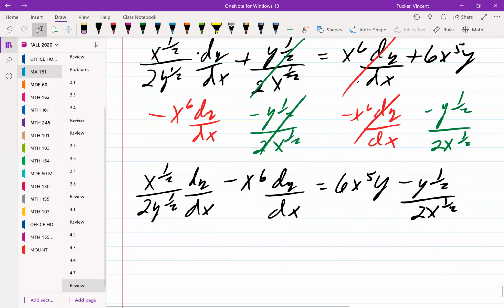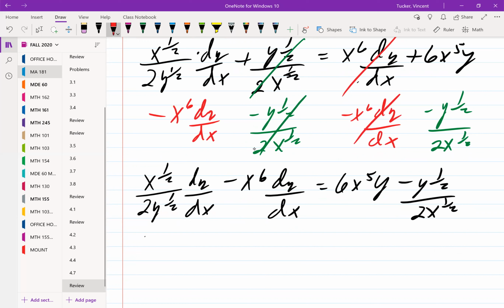So let's just go ahead and, if I take this 2y to the half multiplied by p. Yeah, I guess I could make it a little more simple.